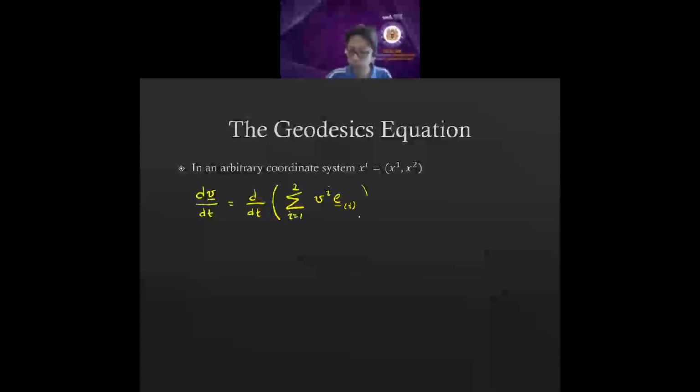Consider the rate of change of v with respect to time, where we first write the vector v in terms of some basis, using this notation, where this e over here is the basis vector in the ith direction.